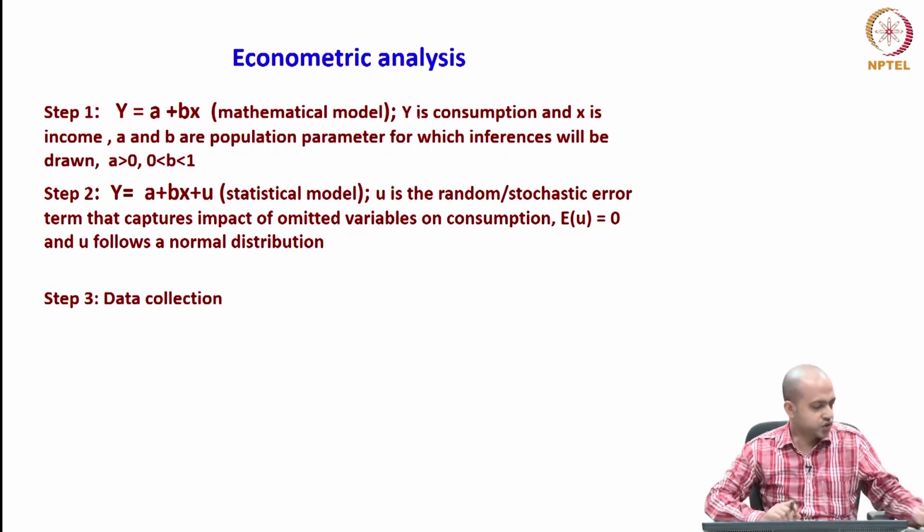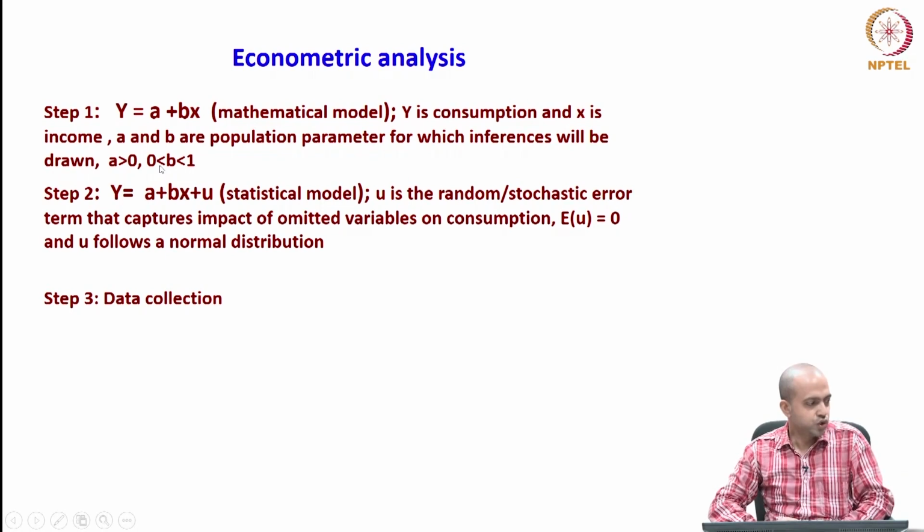This is the restriction, alpha is greater than 0 and beta is greater than 0 but less than 1. Okay. Beta greater than 0 but less than 1, that restriction is actually implying our hypothesis, right.